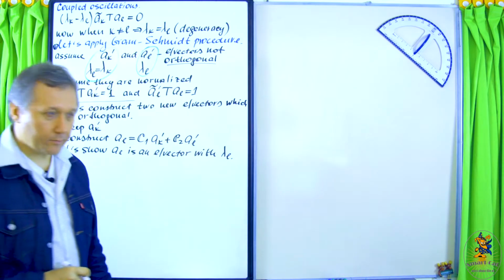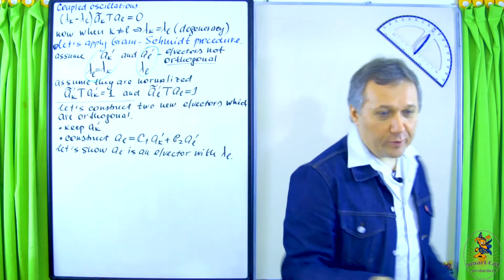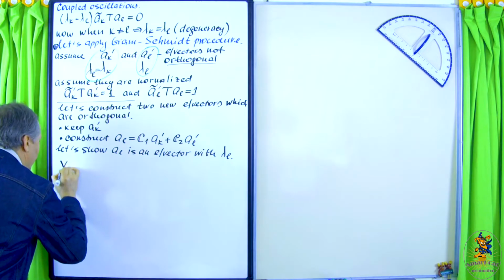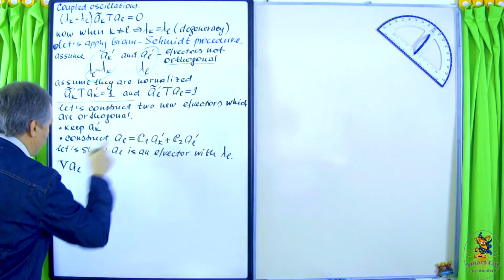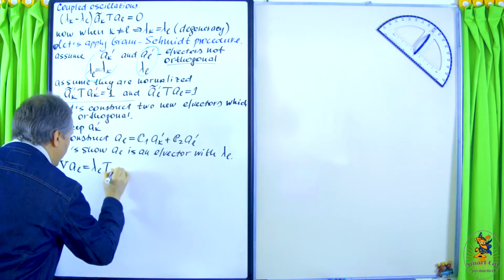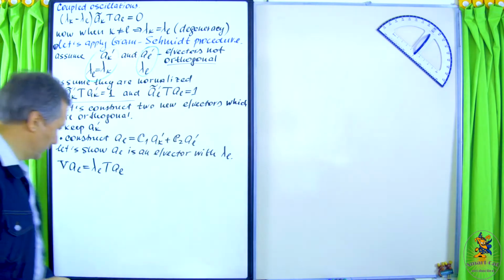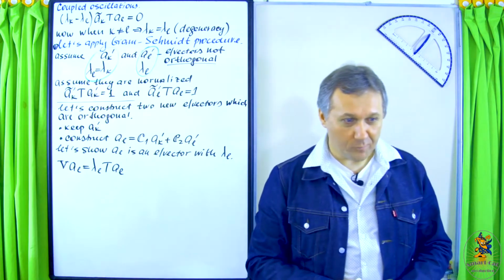It's very important. Okay, so do you remember the eigenvector equation? We used it already so many times, right? So it's V a sub L, since we are testing this, must be equal to lambda L T a_l, right?